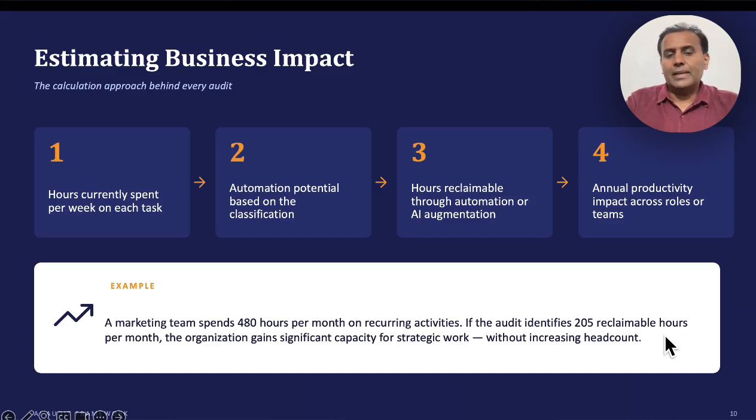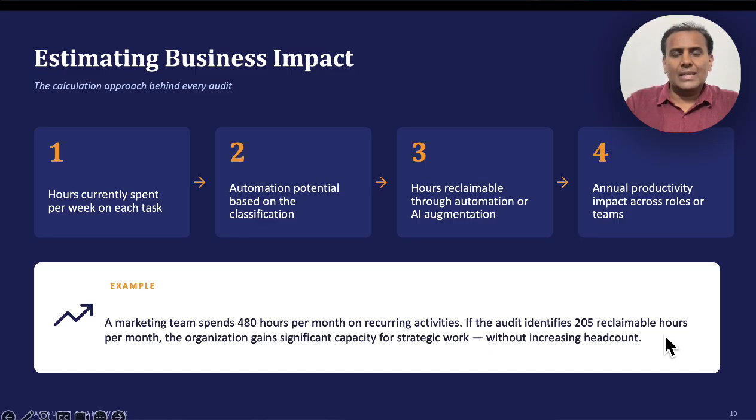So for example, a marketing team spends 480 hours per month on recurring activities with a 3-member team. If the audit identifies 205 reclaimable hours per month, the organization gains significant capacity for strategic work without increasing headcount. So that's if they identify 10 projects and these 10 projects are going to give 205 hours free. Imagine the level the marketing team can focus on higher value activities, because these are repetitive activities which AI can do.